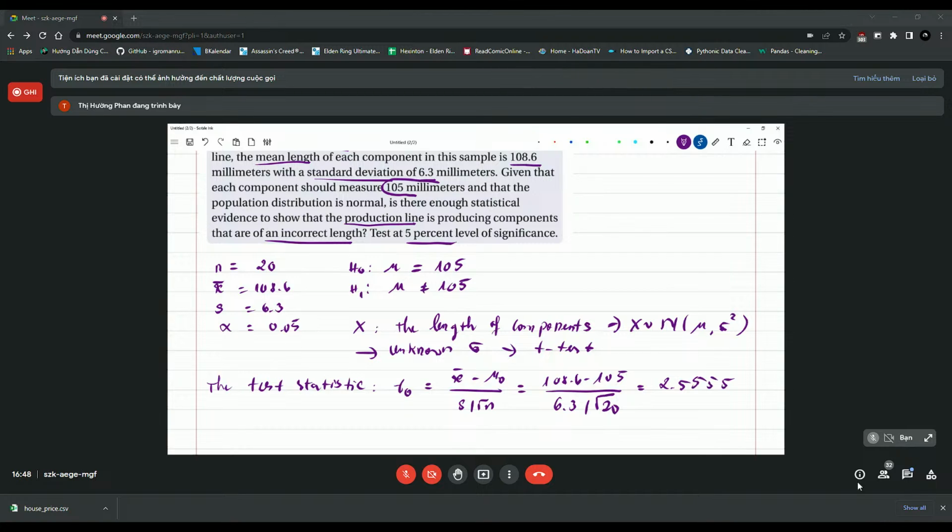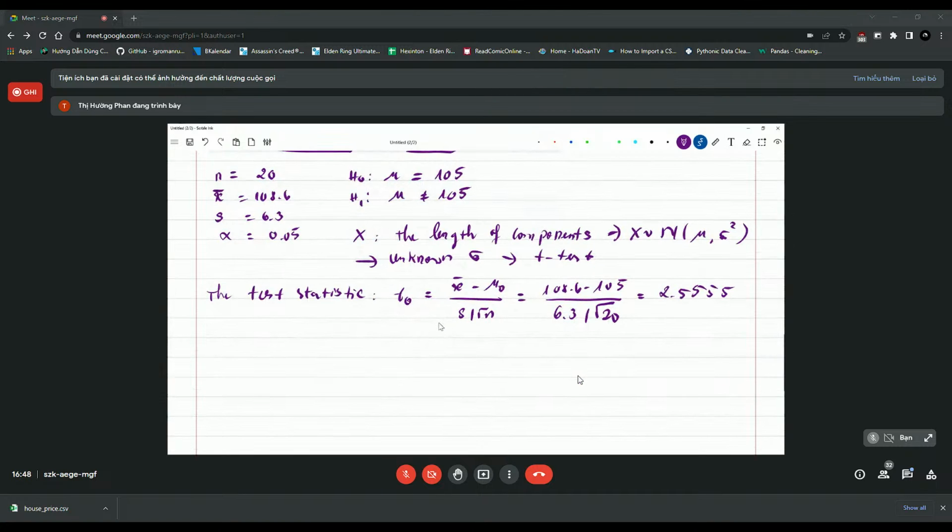Okay. So now we know that we should use t-test. Using t-test, the critical value is given by t n minus 1, alpha or alpha over 2. Should I use alpha or alpha over 2 in this case? Anyone else?